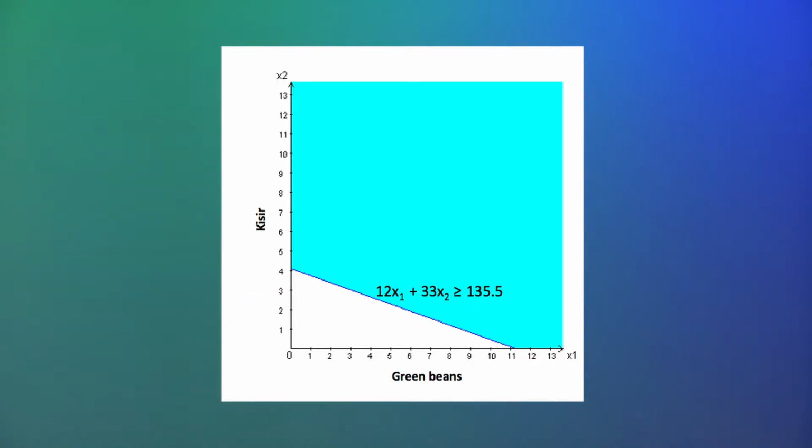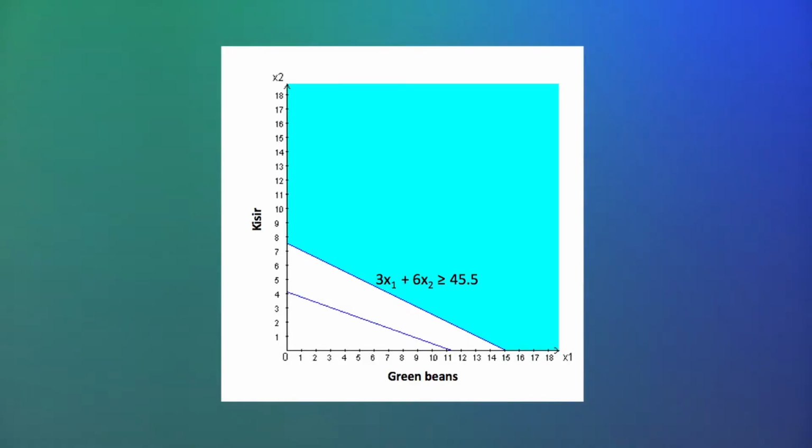If x2 is equal to 0, then we have x1 as 11.3. And this is our second point. These 2 points lie on the barrier line. Since we are searching for a sum greater than or equal to 135.5, all the points in this shaded area and its boundary satisfy this inequality.